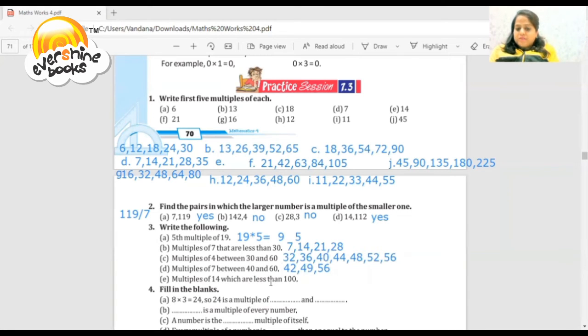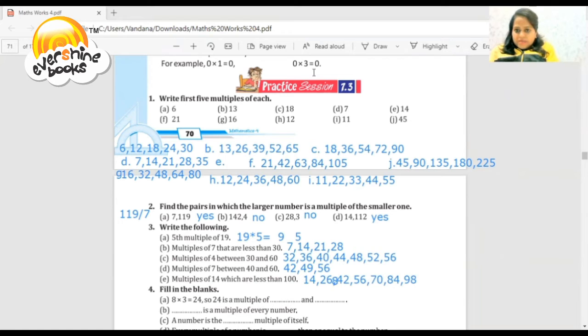So the numbers are 42, 49 and 56. Multiples of 14 which are less than 100. So students, just tell me multiples of 14 that are less than 100. Okay. So this is the table of 14. 14 ones are 14, 14 twos are 28 and 42, 56, 70 and 84. Okay, so these are the numbers which are less than 100.